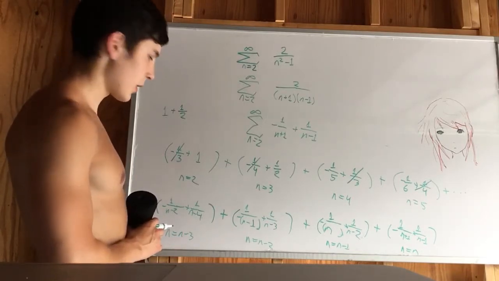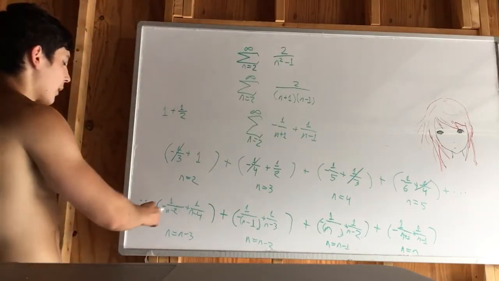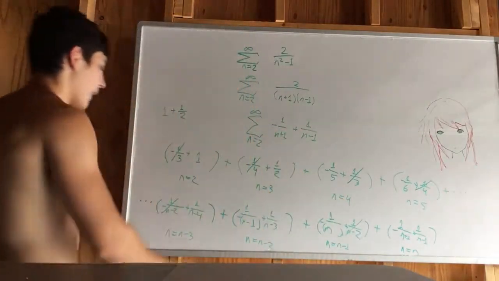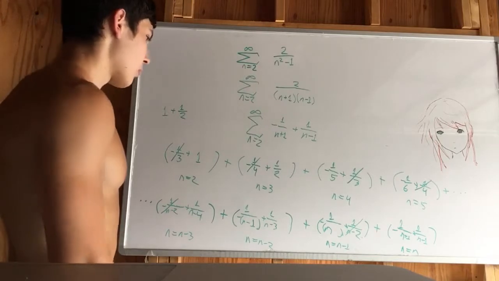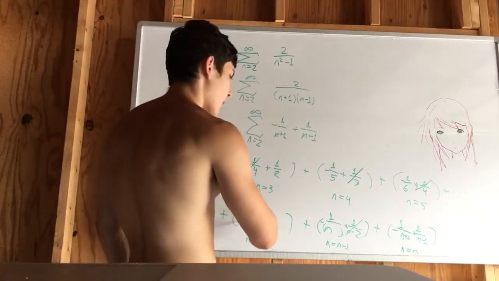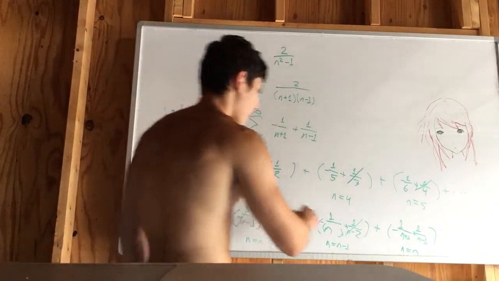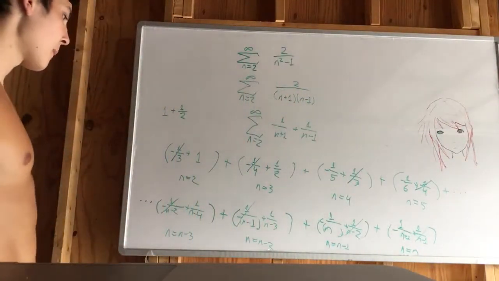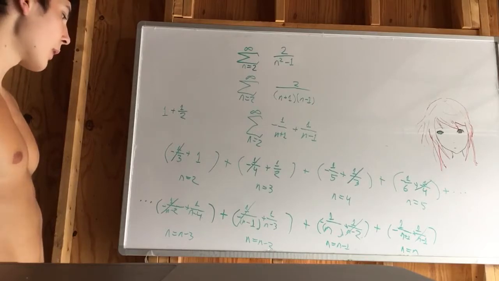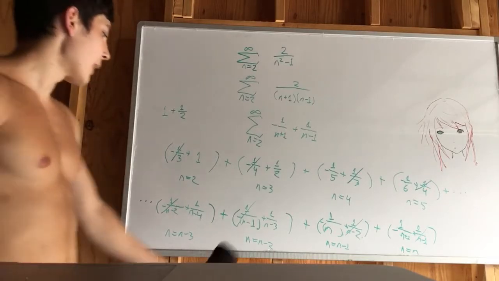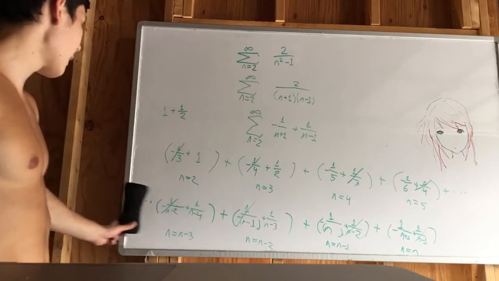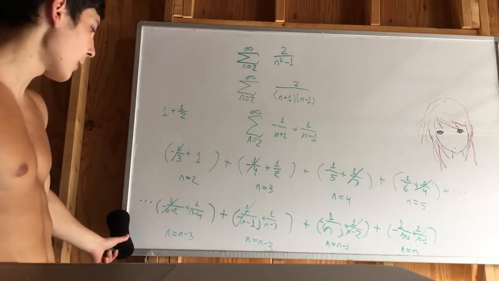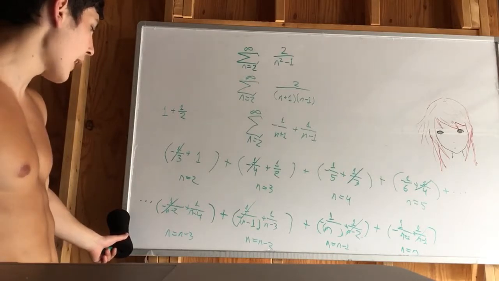So now, just looking at this, look, this one cancels out with this one, and this one cancels out with this one. We can assume, following the same pattern, that this one canceled out with the previous one from over here. If you would actually plug in n equals n minus 4, you would see that go away.